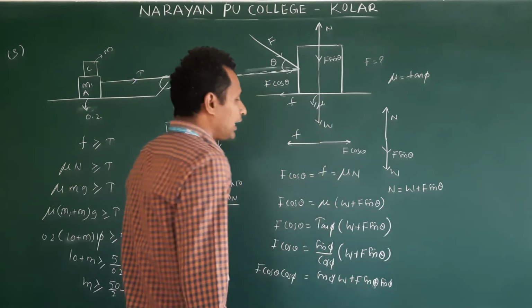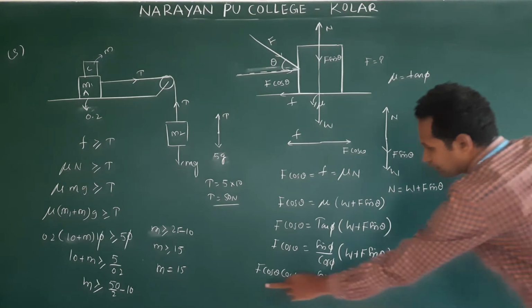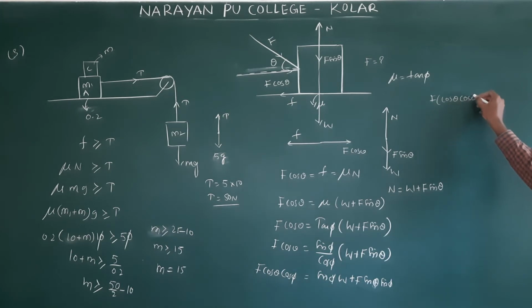F sin theta sin phi. All the F's write on one side. So this term goes to this side and F is common. F common, cos theta cos phi minus sin theta sin phi is equal to W into sin phi.